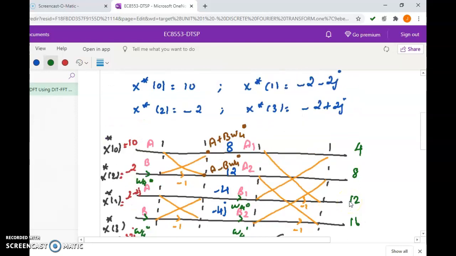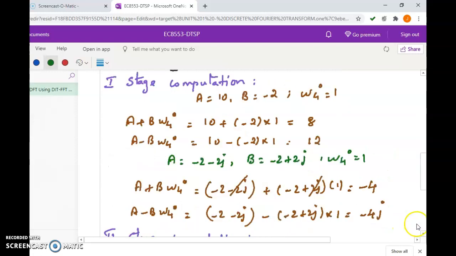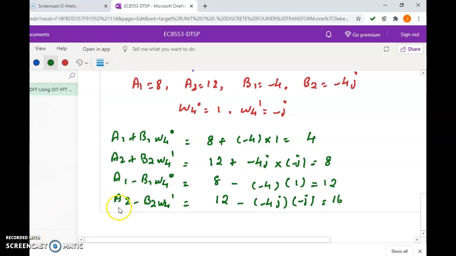But here the data is in normal order. For DIT, the input is in bit reversal order, but the output is in the normal order. So it represents x of 0, x of 1, x of 2 and x of 3. But in the case of inverse, these data are divided by 4 point, means it can be divided by 4.